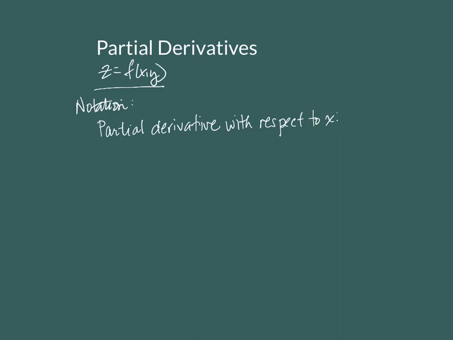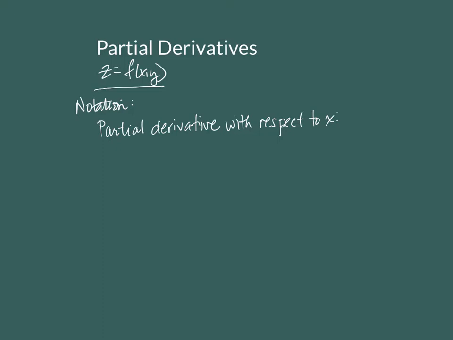So that means if we want to know the derivative, the rate of change of this function with respect to a variable, we have two to choose from. You have x and you have y. For some instances, you may want to know the rate of change with respect to x, and for other instances, you may want to know the rate of change with respect to y.